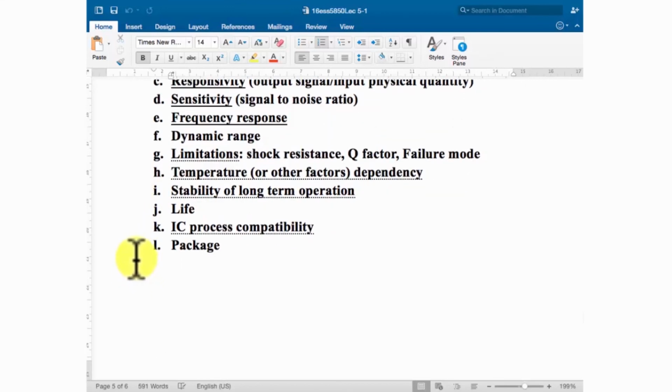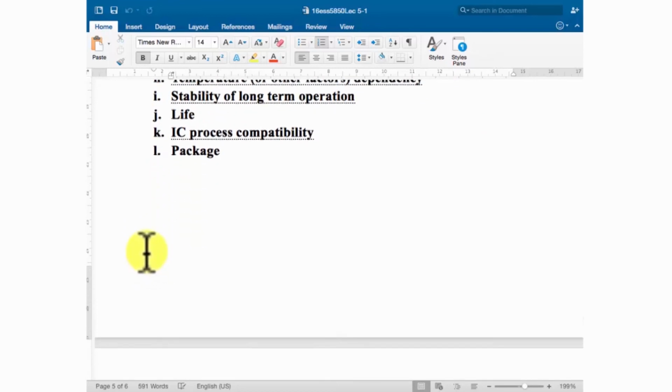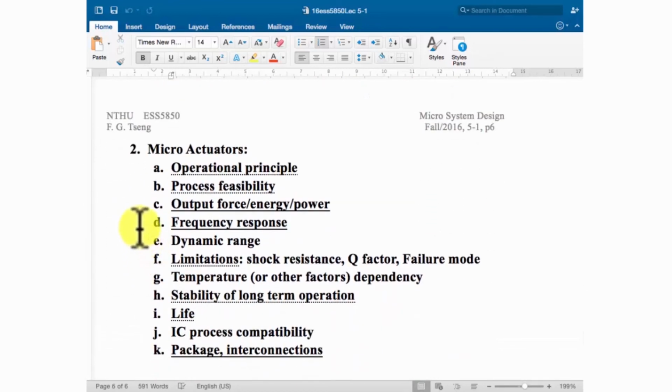For actuators, they are a bit different. In addition to operation principle and process feasibility, the most important thing we consider for an actuator is the output force, which is similar to the responsivity of microsensors. The output force, output energy, and output power are the first measure of a good actuator.